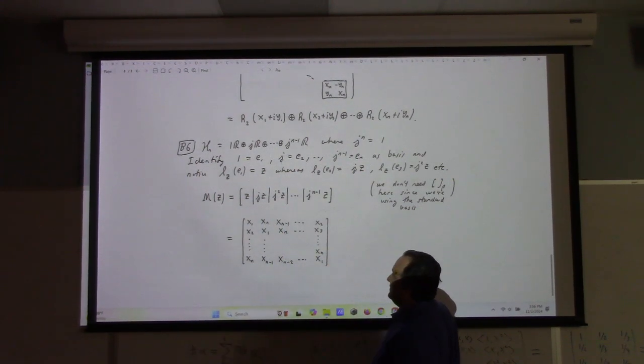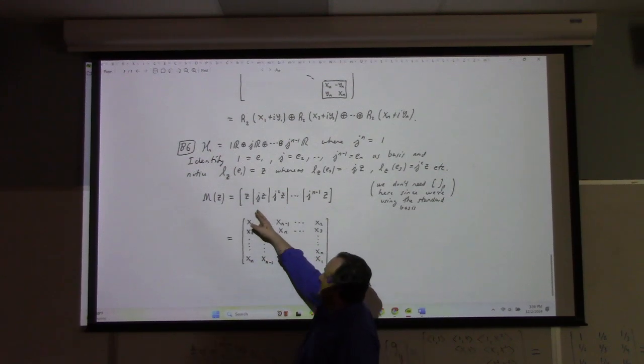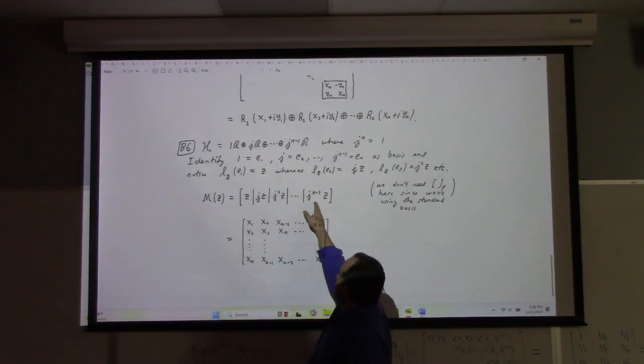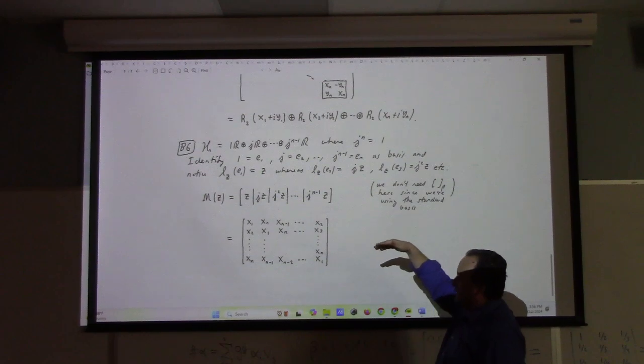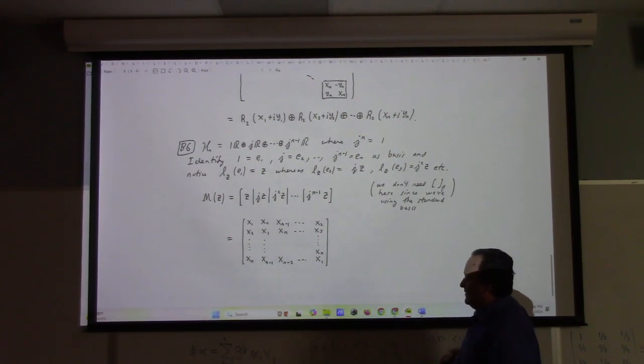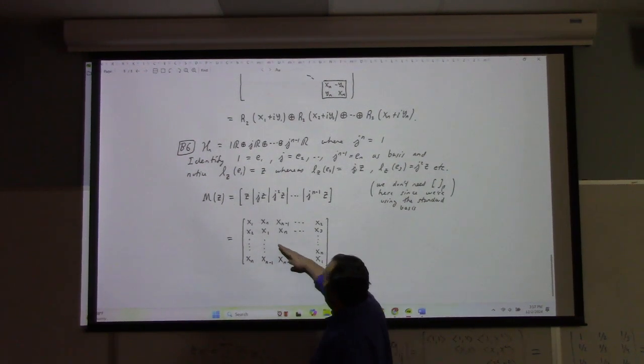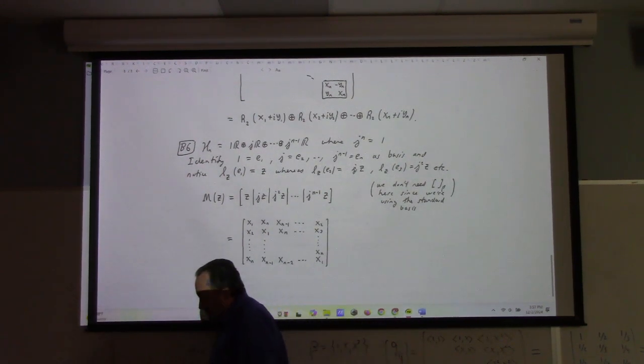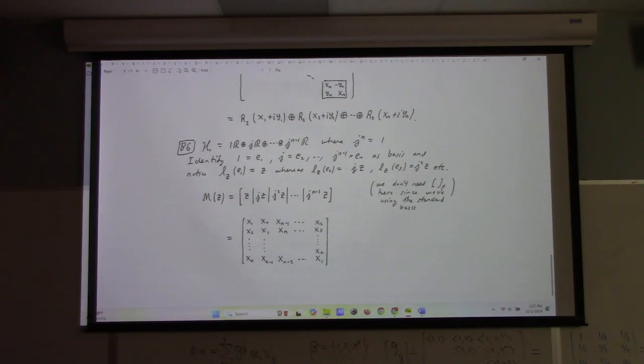So it really is just looking at z, jz, j squared z, and so forth, and it just keeps pushing the xn down pattern-wise, and you always end up with an x1 on the diagonal. That happens in other examples too, like the next one.